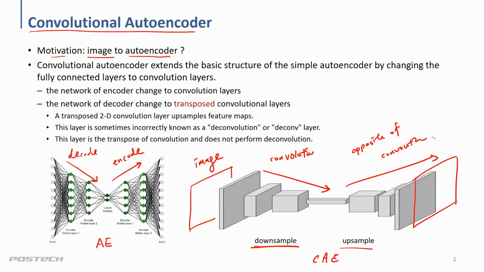So in order to reconstruct from the features to the image, you can think of it as a deconvolution, but actually it's not. I'm going to explain it, but in the convolutional autoencoder community they call it a transposed convolution layer.